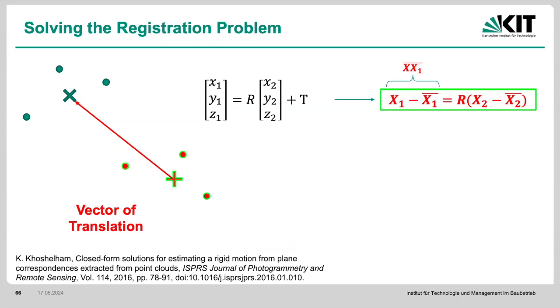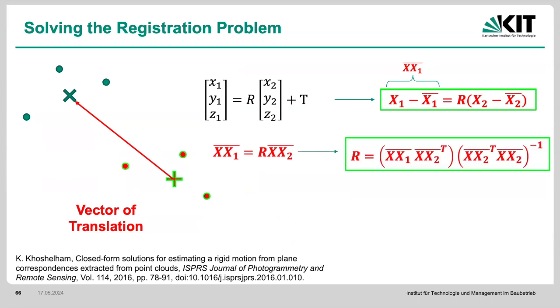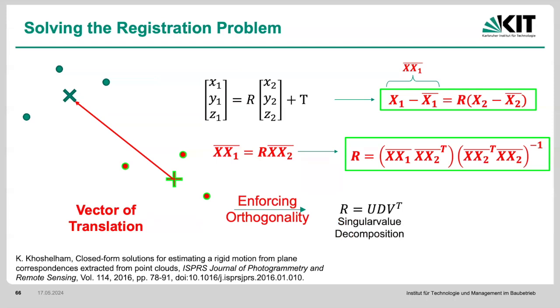Let's call this x1 bar, and then the other one. Then you have to do a simple pseudo inverse of that matrix to get your R, which is your rotation. Then you enforce orthogonality through a singular value decomposition. Why orthogonality?